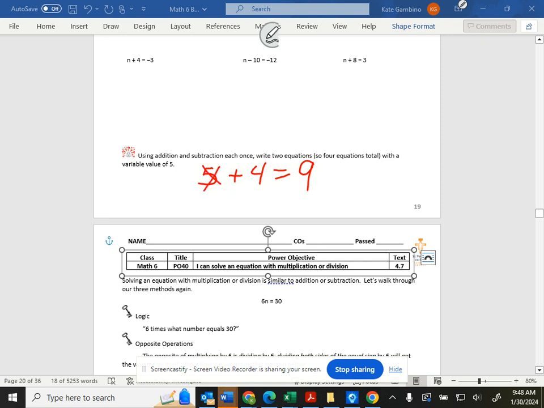Then you take that 5 out and you put your variable. It's that easy. If it says the variable value is 5, you want to put your variable in for the 5. So you write an equation that uses the 5, and then take the 5 out and put a variable in for it. Any questions on that?